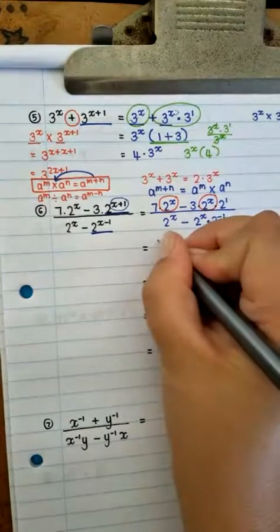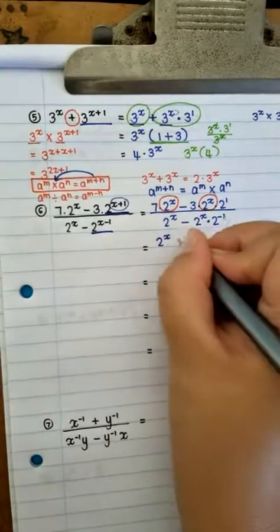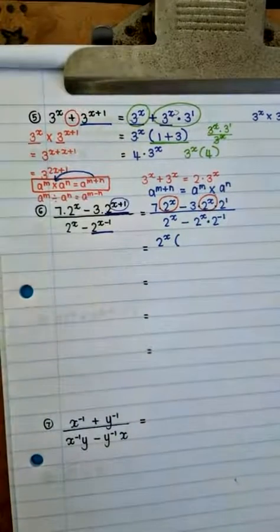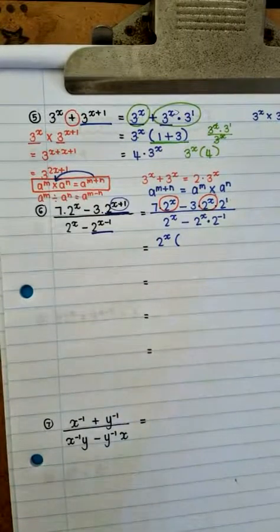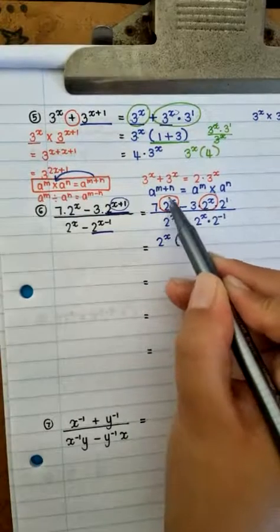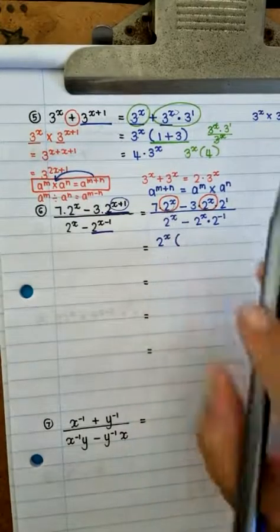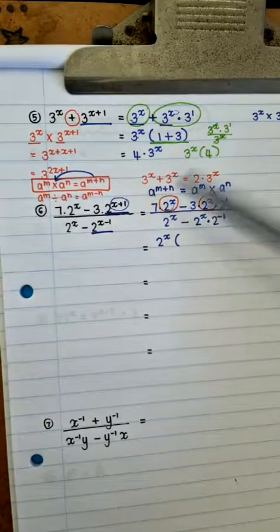So we are going to take 2 to the x out as a common factor. We write it down, then in brackets, we're going to write down what we get when we divide each term by 2 to the x. So 7 times 2 to the x, that is my first term. When I divide by 2 to the x, I'm left with 7.